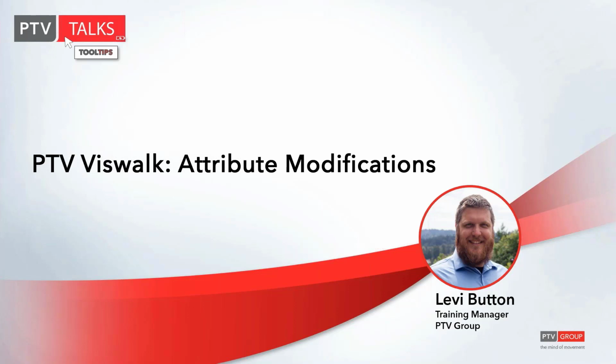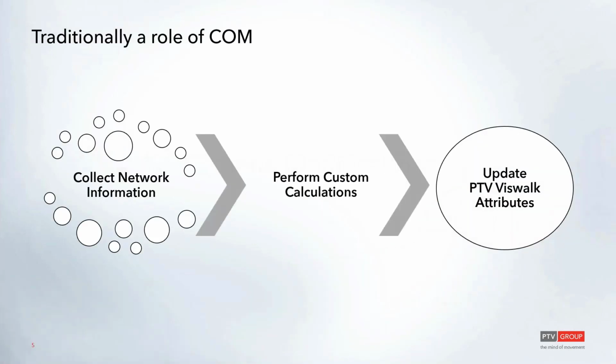So today we're going to start by talking about attribute modifications, and what are attribute modifications in Viswalk. Traditionally, the role of COM in Viswalk is to augment some of the calculations that are inbuilt in the software.